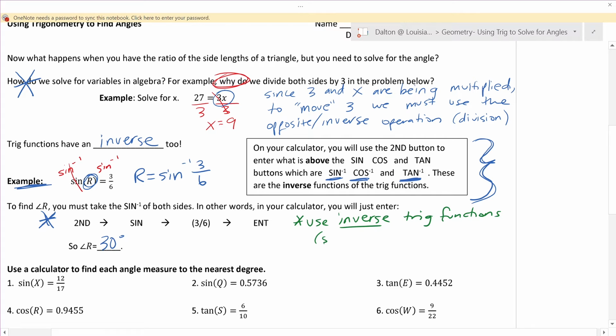Which are sine inverse, cosine inverse, and tangent inverse. You use these whenever we are solving for angles. Oh, misspelled it. So you're going to use second sine, second cosine, second tangent whenever you're solving for angles.